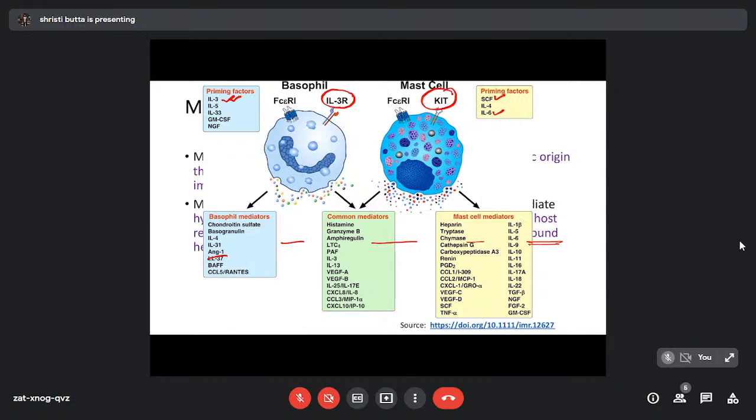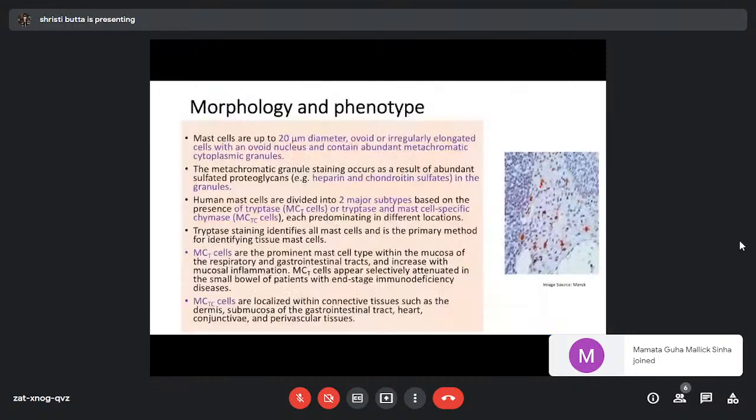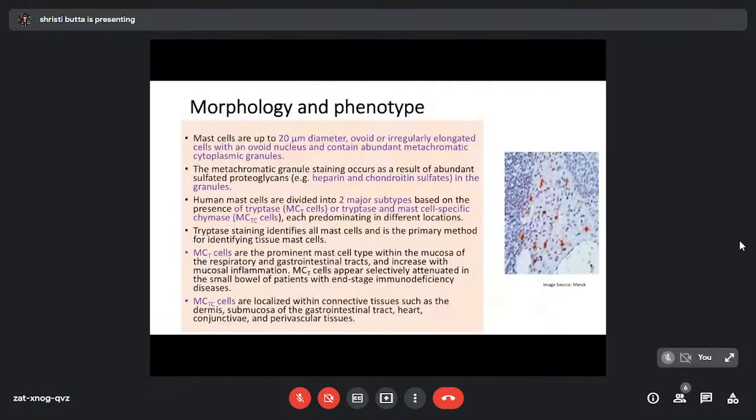They are ovoid and irregularly elongated cells with an ovoid nucleus and contain abundant metachromatic granules like basophils. The granules stain with tryptase and chymase. Tryptase is the stain that is shown alongside here. The mast cells can either be MCT type or MCTC type.